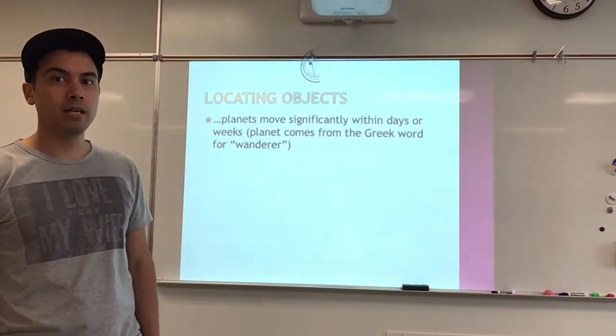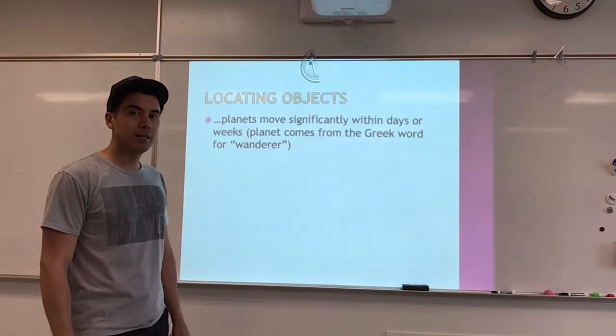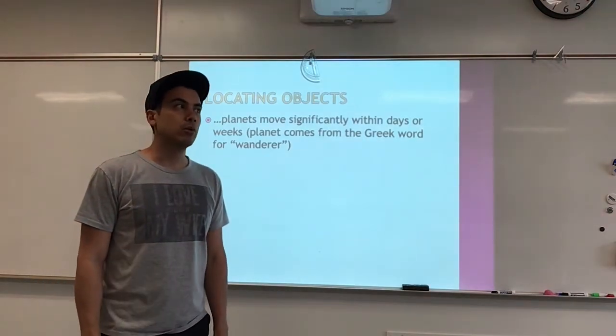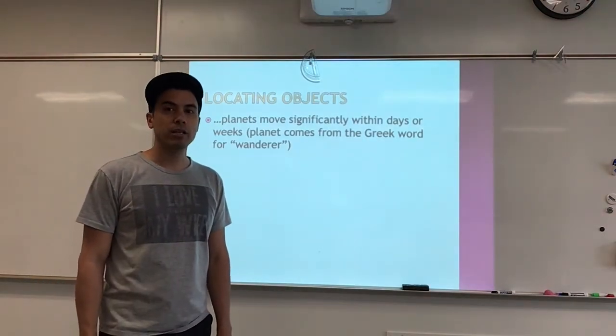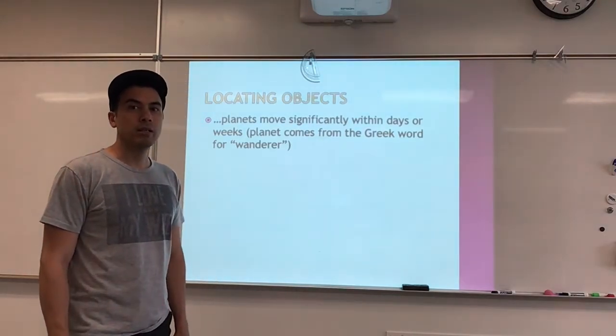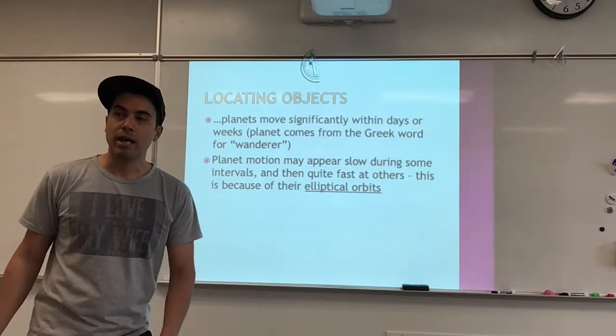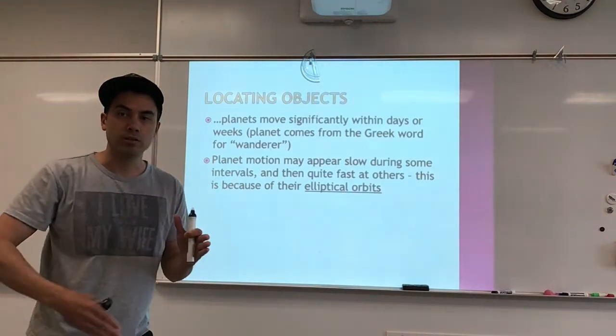So planets, they can move significantly within days or weeks, and so their motions, I guess, are not as predictable as the stars, just because they can appear to speed up or slow down because they have this elliptical path.